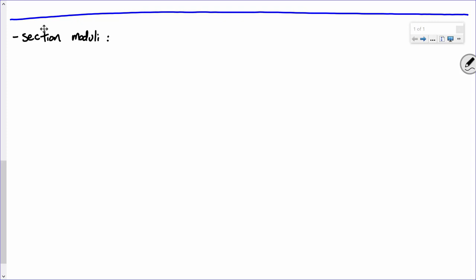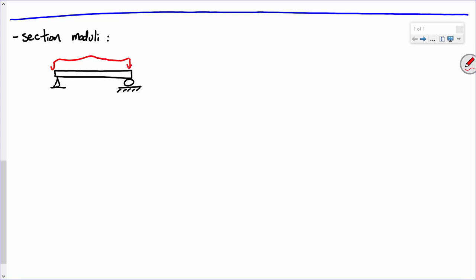Okay, so just so everybody remembers what we're talking about with this whole concept of section moduli, let's say I've got some beam, and it doesn't really matter. Okay, I got this beam, and it's subjected to some load. It doesn't really matter.